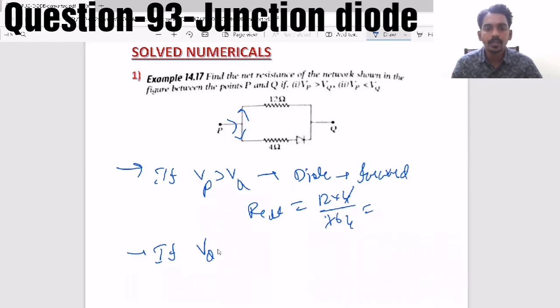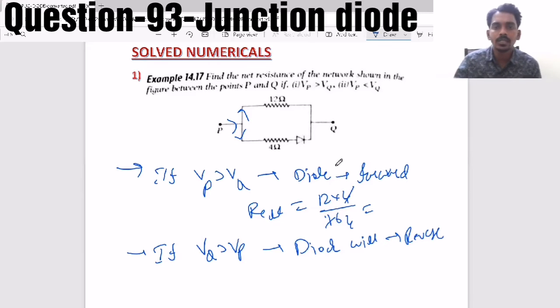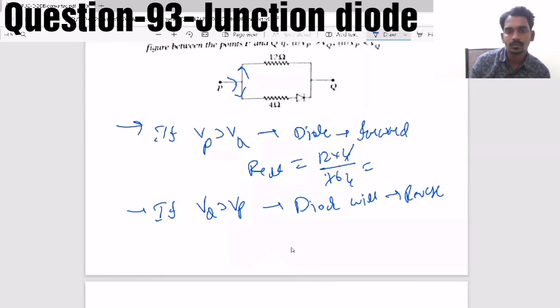Now, if Vq is greater than Vp, then the diode will be in reverse bias, because now the current will come like this.